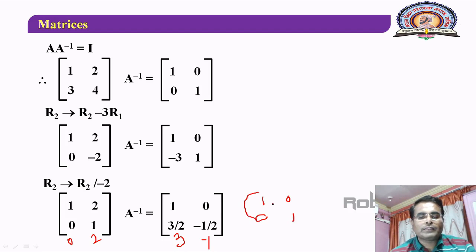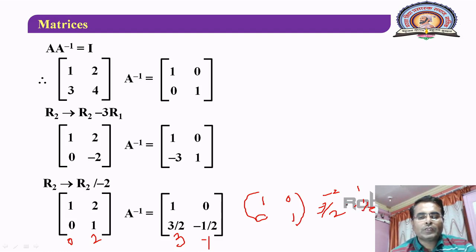This is your left hand side, and the right hand side will be 1 minus 3, it is minus 2. Similarly 0 minus of minus 1, it is plus 1, and the last row, that is 3 by 2 and minus 1 by 2, remains as it is.